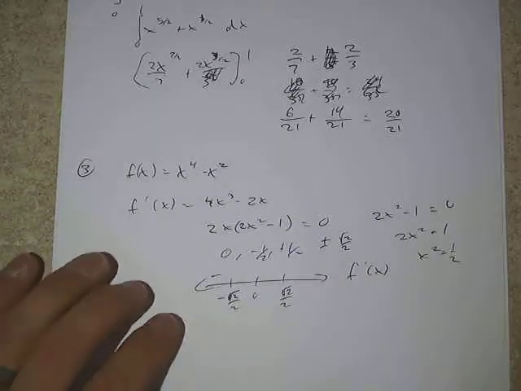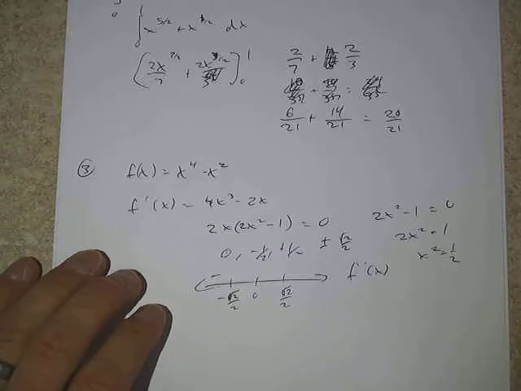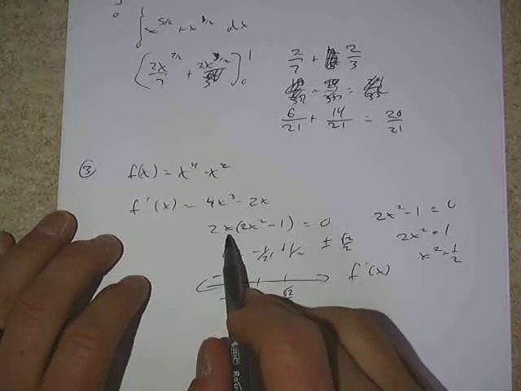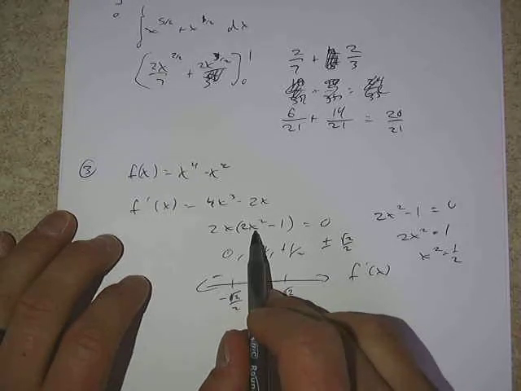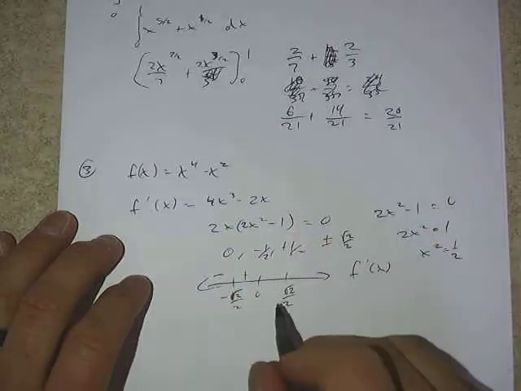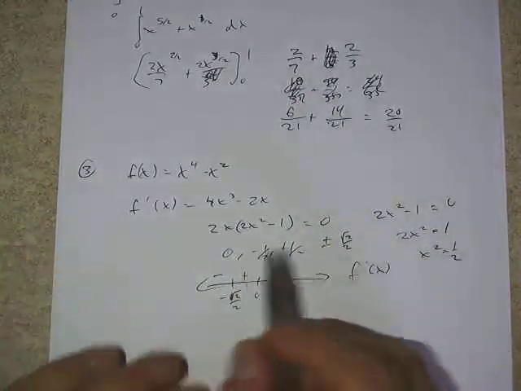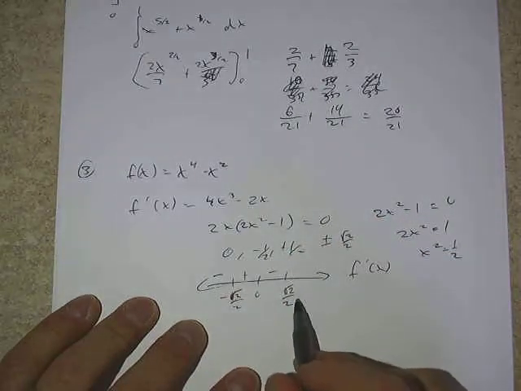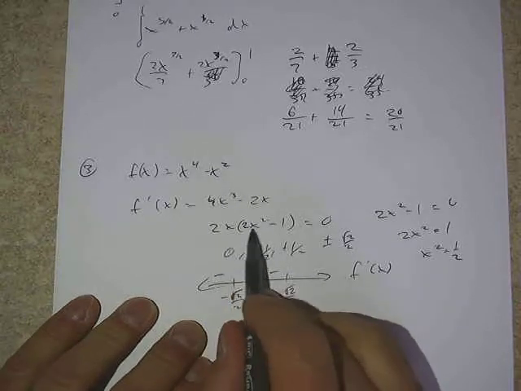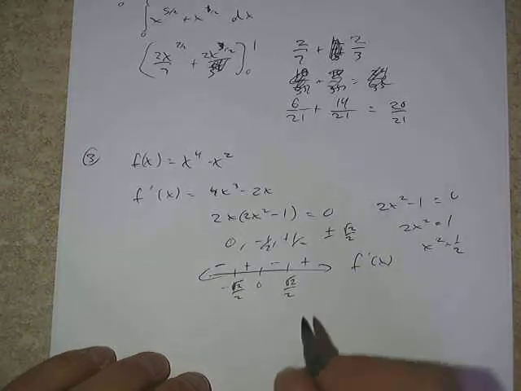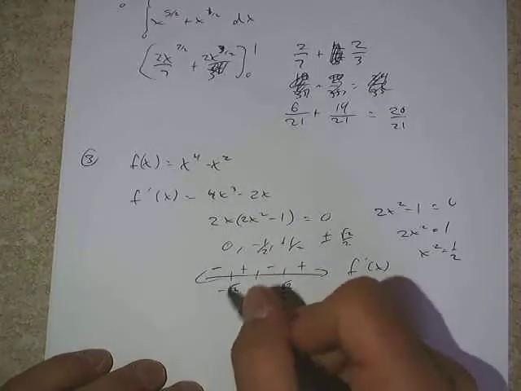Negative radical 2 over 2 is actually 0.7 something, so we'd have to go like -0.5. -0.5 in here would make -1/4, which ultimately would make this less than 1. So negative times negative would be positive. If I put a half in there, I get positive here, negative there, so negative here. And anything beyond that, like 3 for instance, would be positive here, positive.